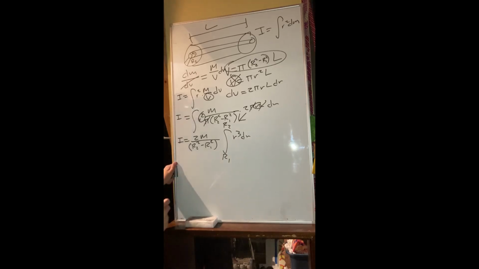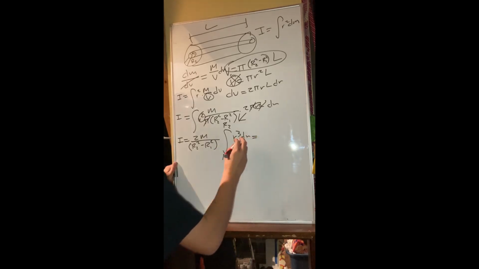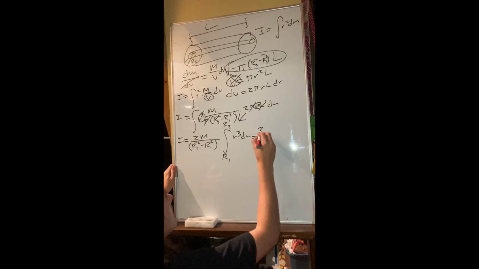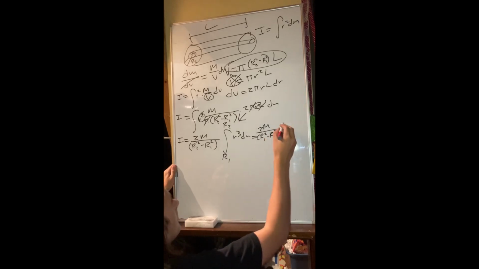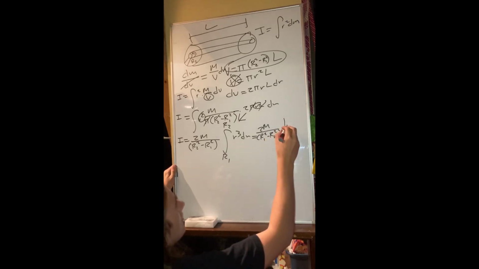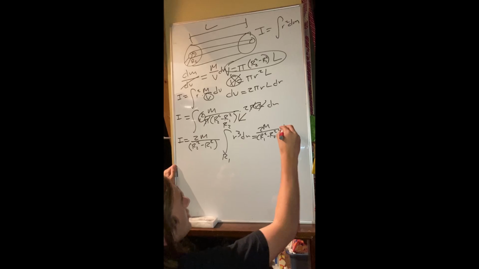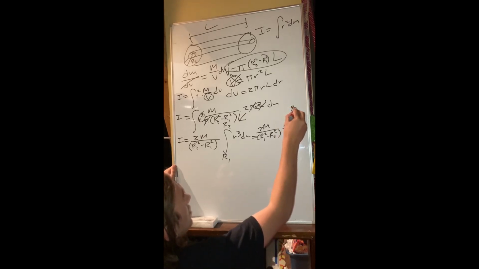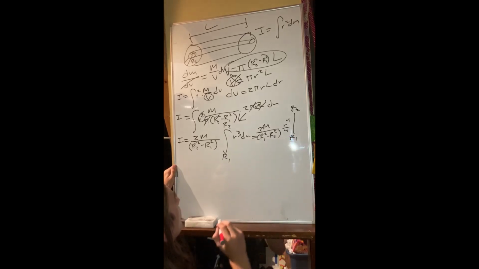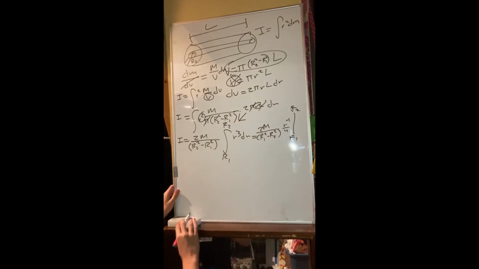And then evaluating this integral, we're going to get 2m over R2 squared minus R1 squared, times r to the fourth over 4, evaluated at r2 and r1. That's just the integral of r cubed.